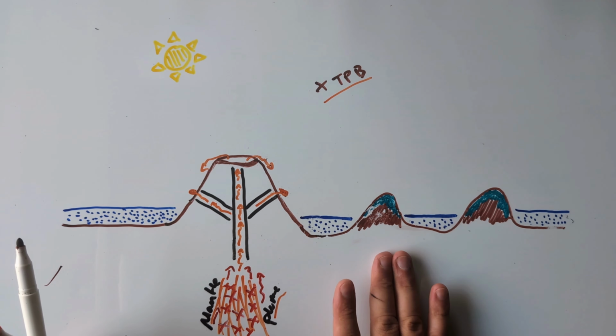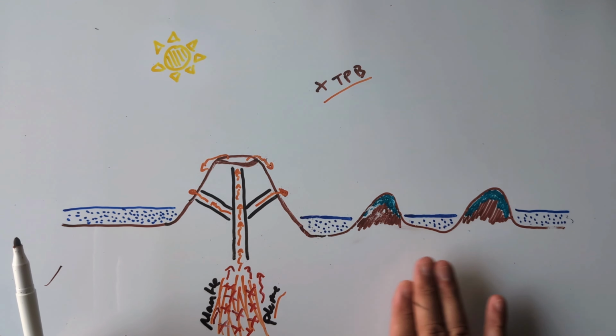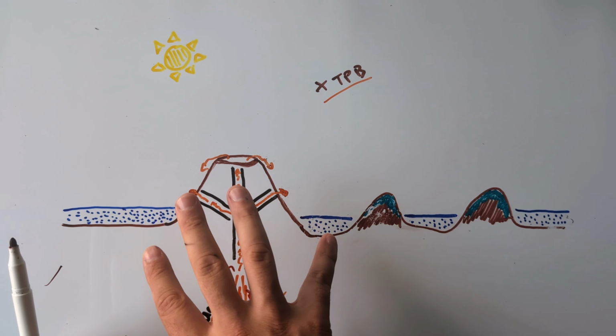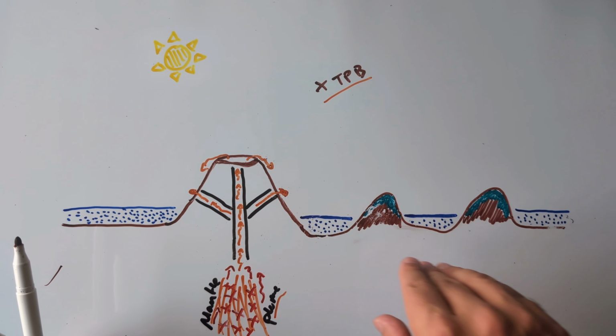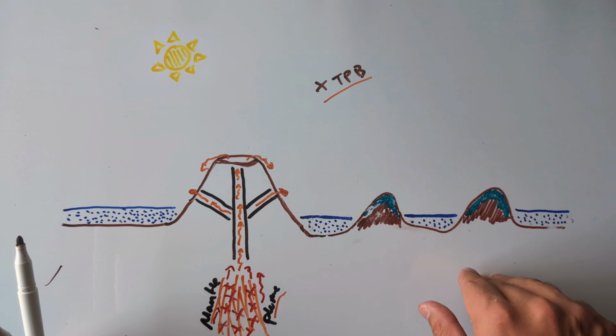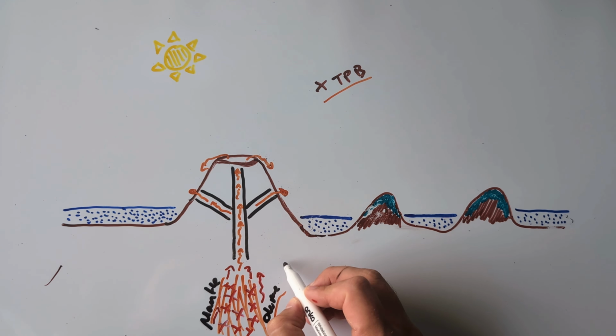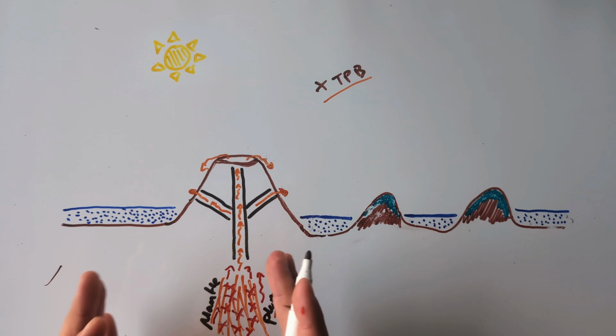So why have I drawn secondary islands here and here? Thinking about Hawaii, you have the big island surrounded by smaller islands. Why is that? Can you think about that? Well, the answer is that our tectonic plate is moving.